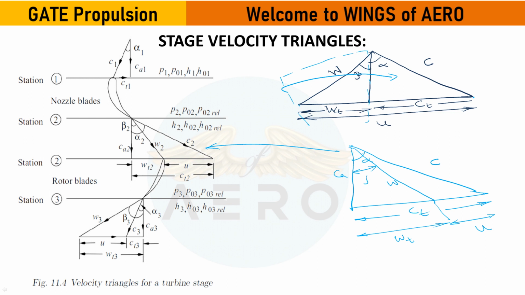Ma'am, U is the full length. So how? U is the distance between the end of W and C, the absolute velocity and the relative velocity. A velocity triangle is the combination of relative velocity, absolute velocity and the blade velocity. Sometimes blade velocity is also called peripheral velocity.